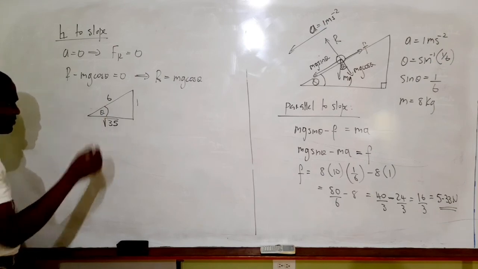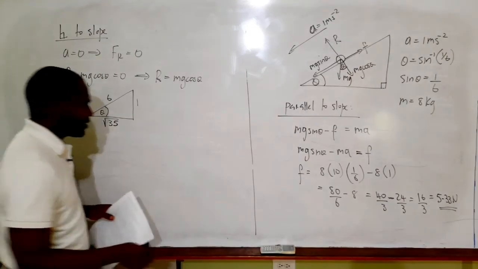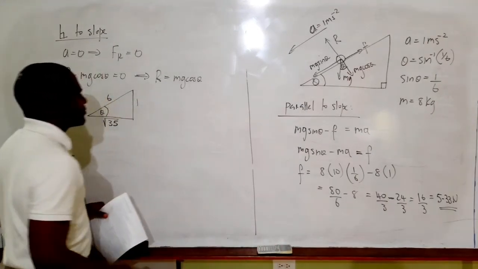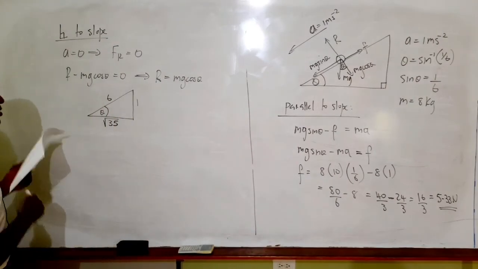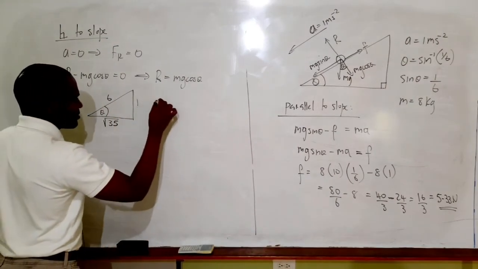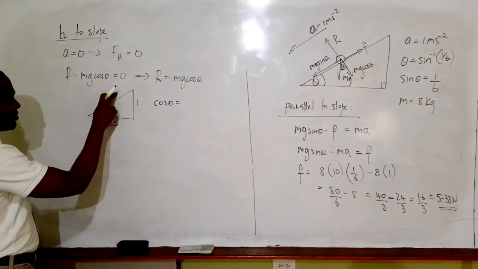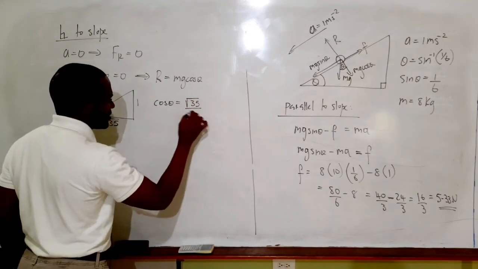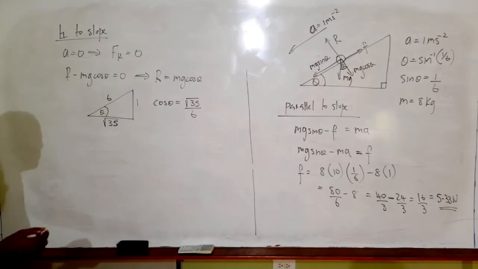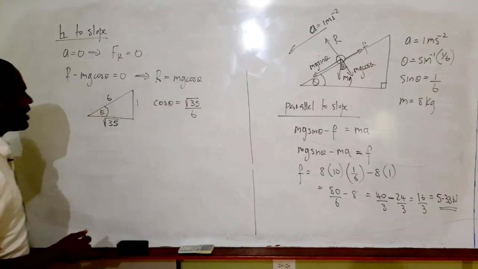We could leave it as root of 35, or we could just work it out using a decimal, right? So root of 35. And it will therefore mean that cos theta is equal to the adjacent over hypotenuse, which would be root 35 over 6, right?